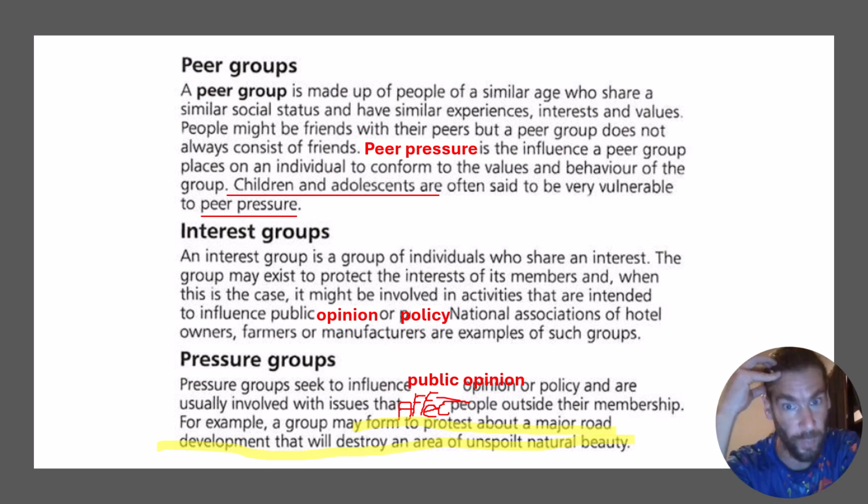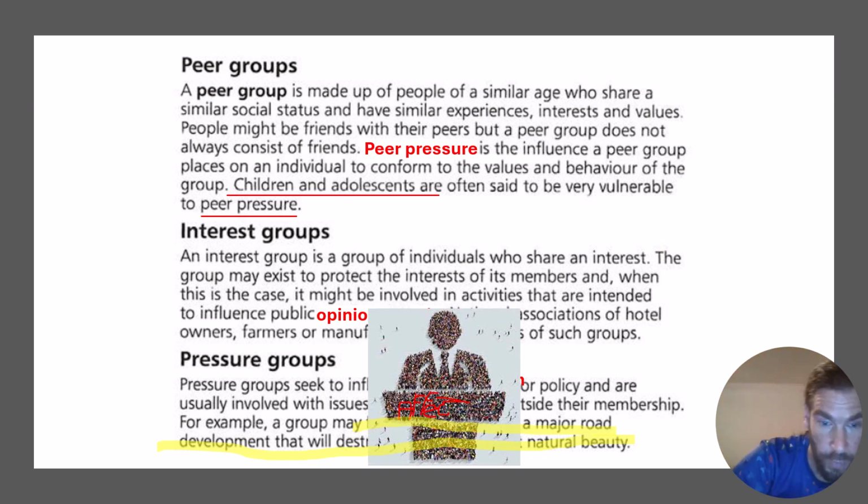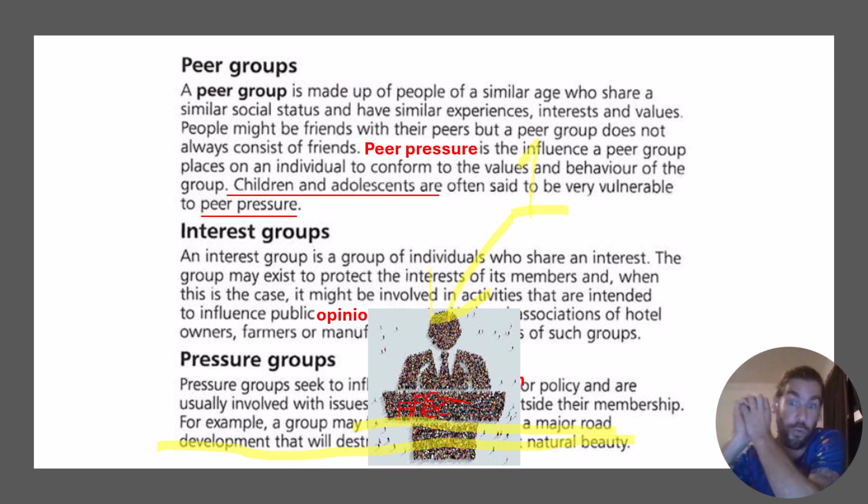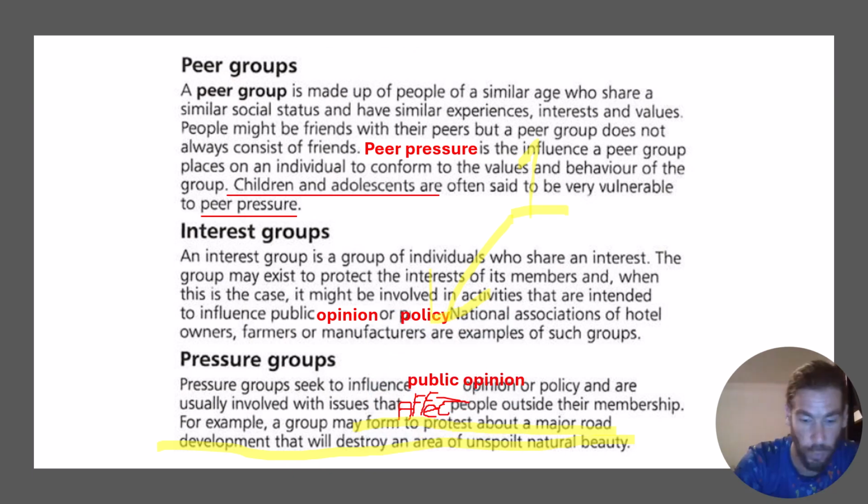They pressure the government, like Gilmar Pisas, our prime minister, to change their plans in renovating the beaches with putting big concrete buildings there. So if you're talking about pressure groups, these groups organize as one. So different people organize as one for a certain goal, for a certain interest, and they want to influence public opinion or the policy coming from the government.